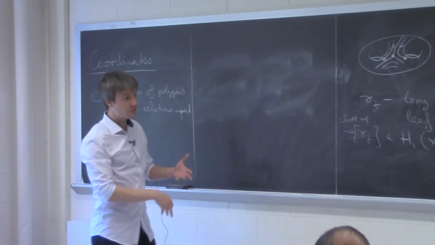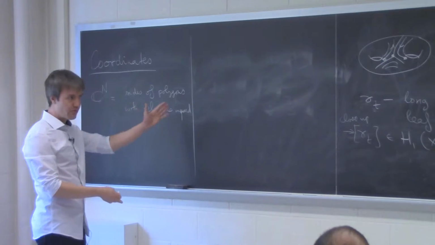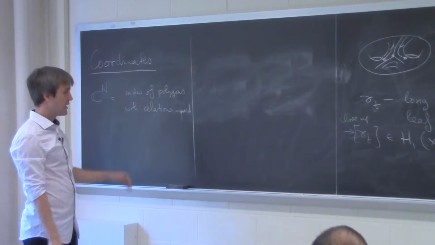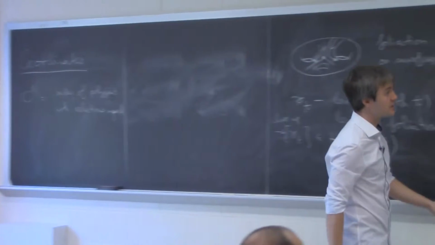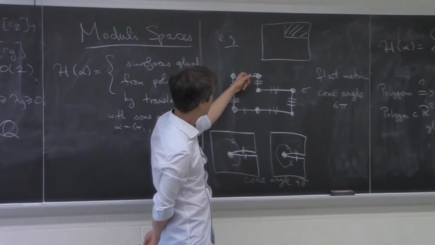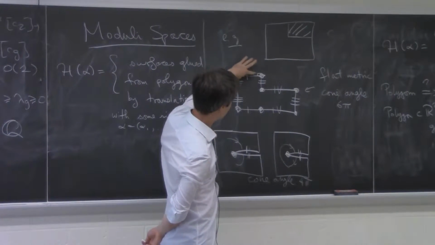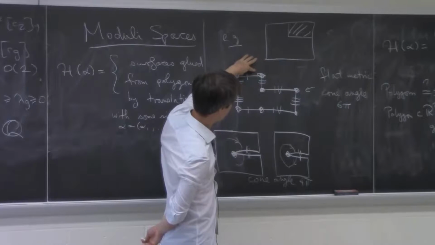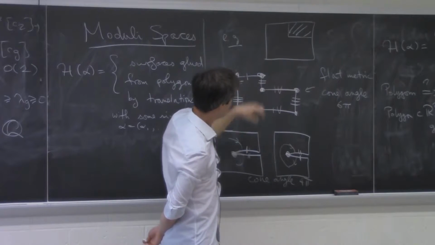So for example, if you have this polygonal decomposition, you just remember all the sides of the polygons. And so in this case, you'd have some parameters. You could think of this as just Z1, Z2, Z3, and Z4.